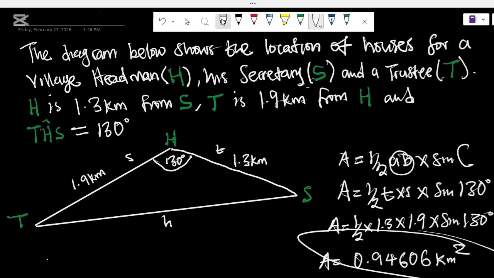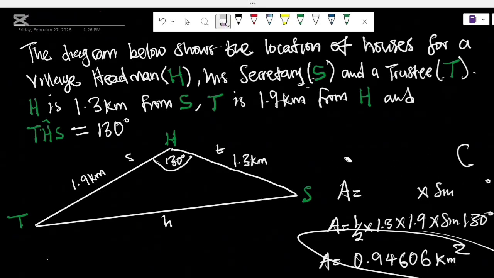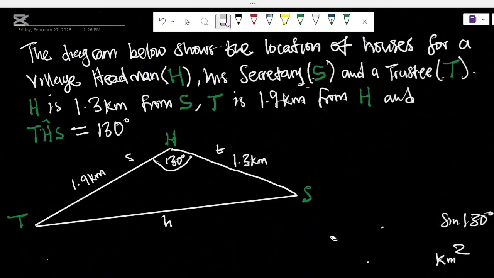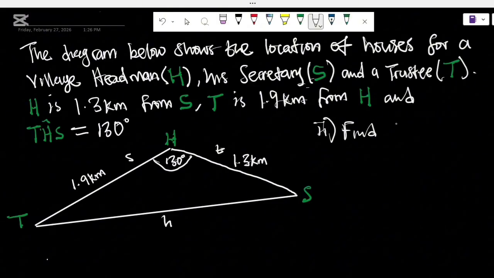Now the next question is find the distance TS. So this is question 2. This is the distance that we need to find. So how do we find that one? Well, when you have a situation like this, remember that you have to use what we call the cosine rule.